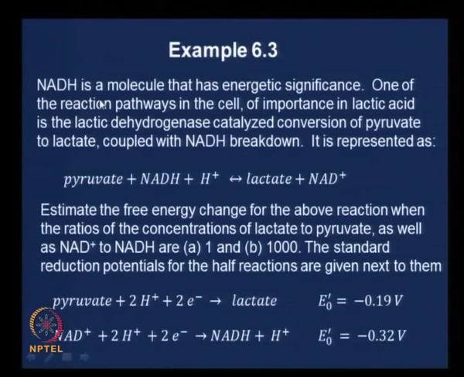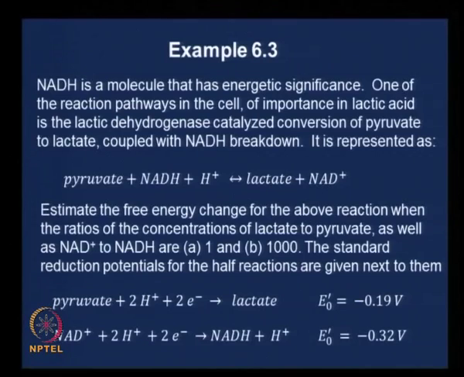If you recall the primary metabolism of the cell from your biochemistry course, you would have done this in detail. One of the reaction pathways of importance in lactic acid production is the lactic acid dehydrogenase catalyzed conversion of pyruvate to lactate.